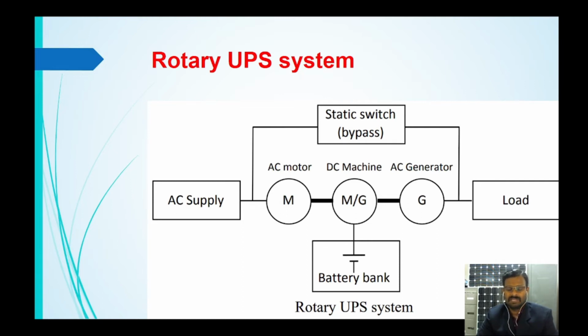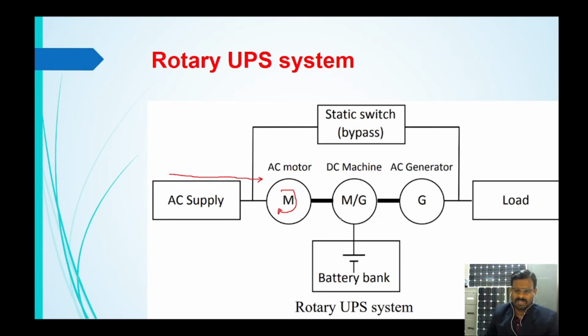We don't have any power electronic components here except the static switch. This rotary UPS system works like this. So you have the supply, AC supply from the utility. The power goes to the AC motor, and the AC motor runs.